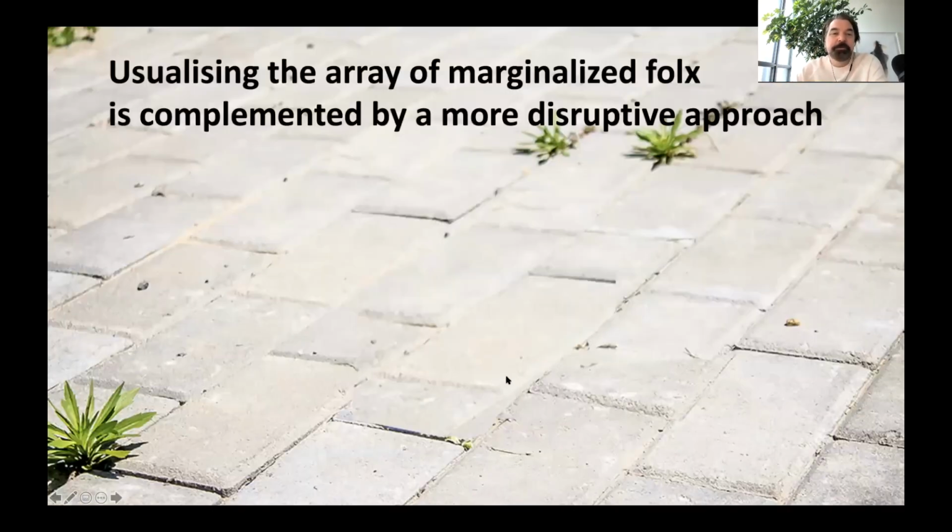So normalizing the array of marginalized folks, as I say, can be complemented by a more disruptive approach. And so when we say disruptive, I'm of course not suggesting that it's super confrontational. What it is, is using or highlighting the experiences of marginalized people in comparison or as related to a status quo in a way that allows all learners to make a connection to that situation.